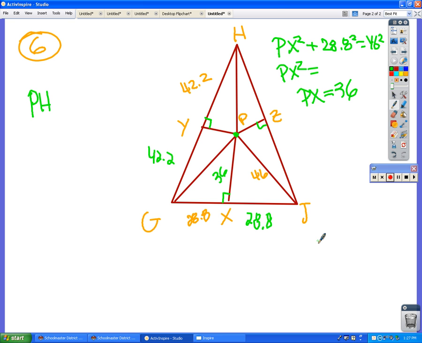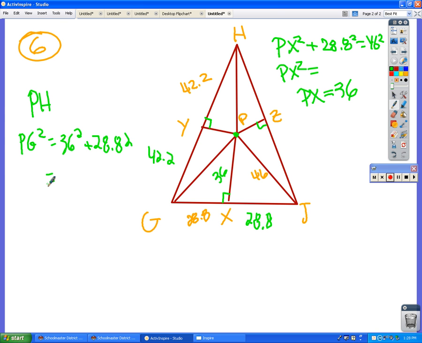Okay. So then to find PG, which somebody has made the conjecture that it's also going to be 46, but we'll find that out. Since this is a right angle, 36 squared plus 28.8 squared is going to equal PG squared. So you guys can do that while I write this out for our viewers at home, and across this great land of ours.